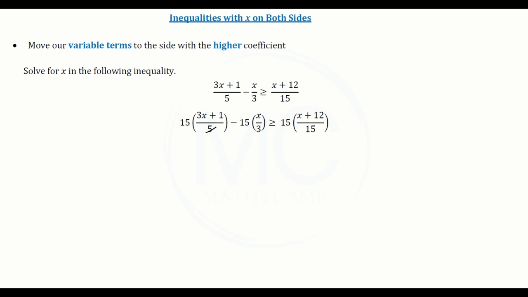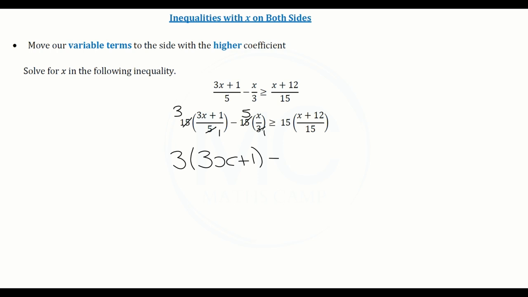5 divided by 5 is 1. 15 divided by 5 is 3. So we now have 3 multiplied by the bracket 3x plus 1. Then we have a minus sign. In our second fraction, 3 divided by 3 is 1. 15 divided by 3 is 5.